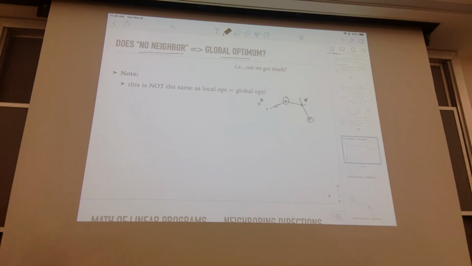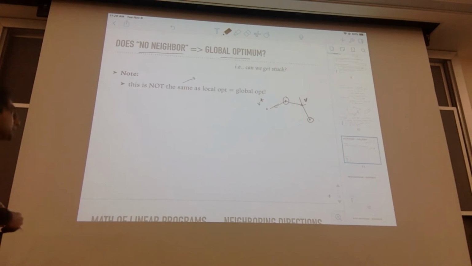One thing I'd like to emphasize, and don't worry if you don't understand this problem, is that this does not follow from general results about convex optimization. One thing we saw a few lectures ago was that in typical convex optimization, a local optimum is also a global optimum.